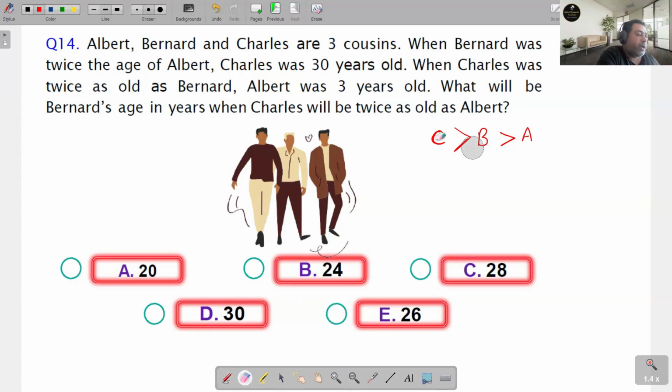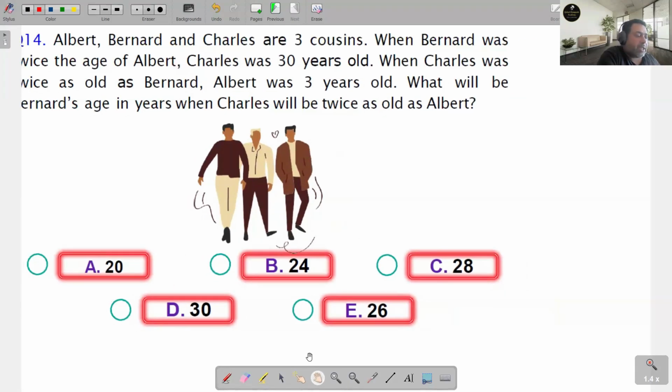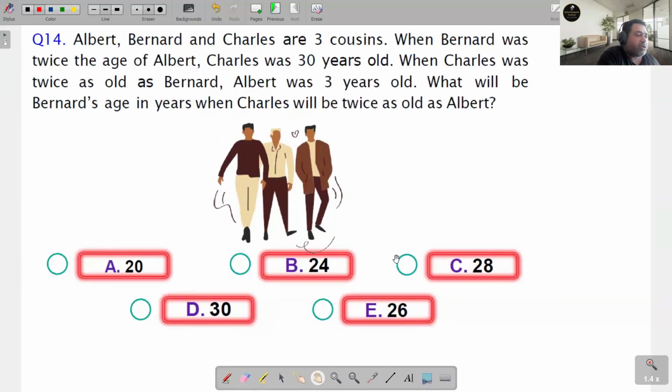Correct? All right. Now, looking at these conditions, let's see how we can do this question. One thing in age problems you need to keep in mind is that the difference of age is always going to be the same. So on the number line, let's say there's a number line here. At any given point of time, Charles is the eldest.